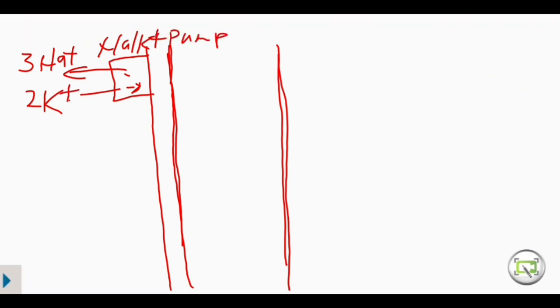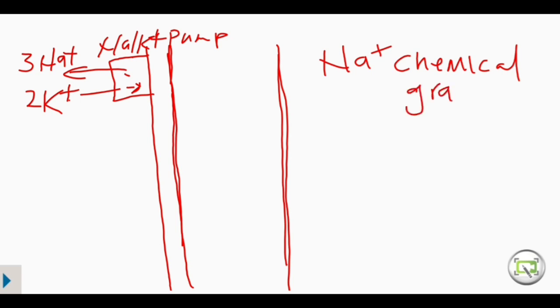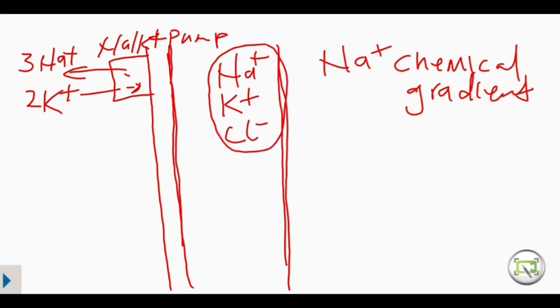The movement of this sodium creates the sodium chemical gradient, which in turn gives the sodium which is in the lumen the ability to go into the epithelial cells of the tubule.